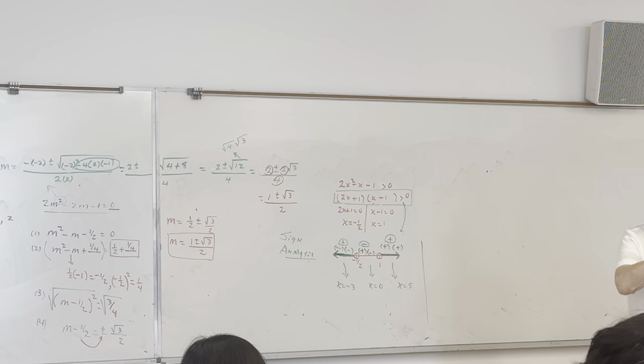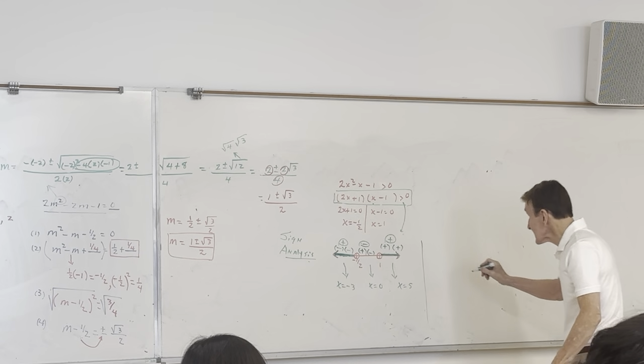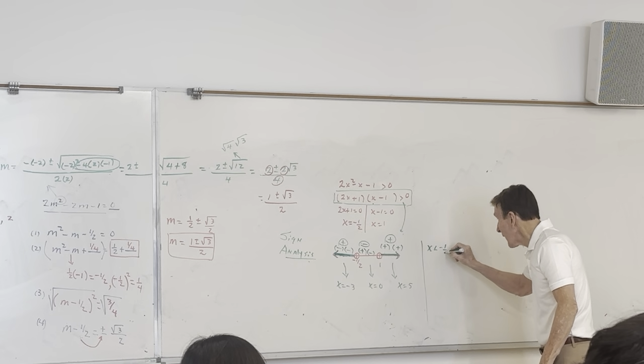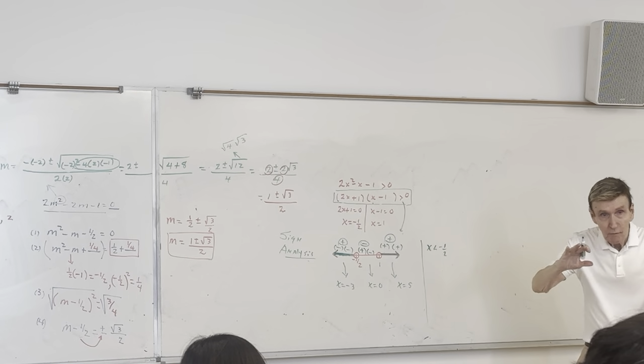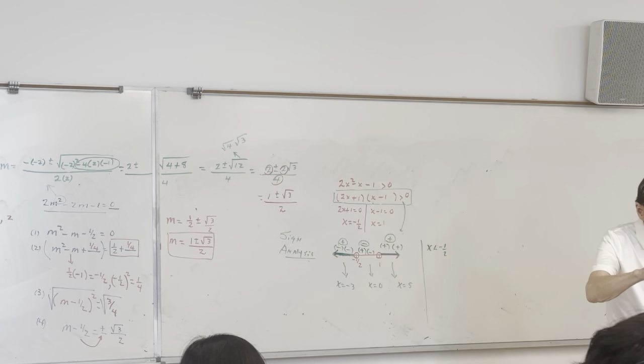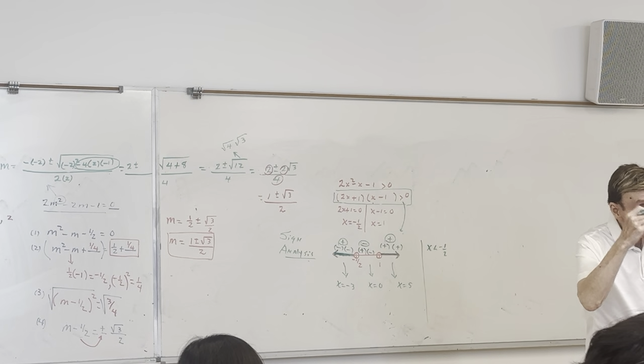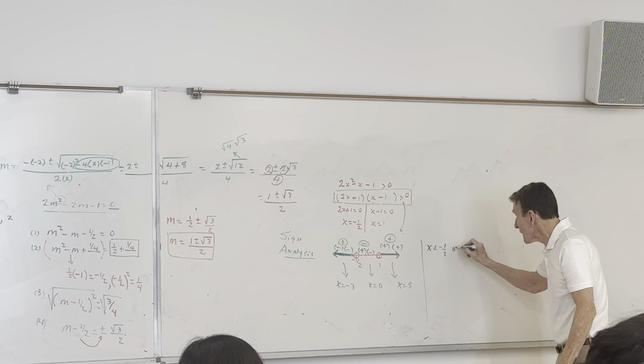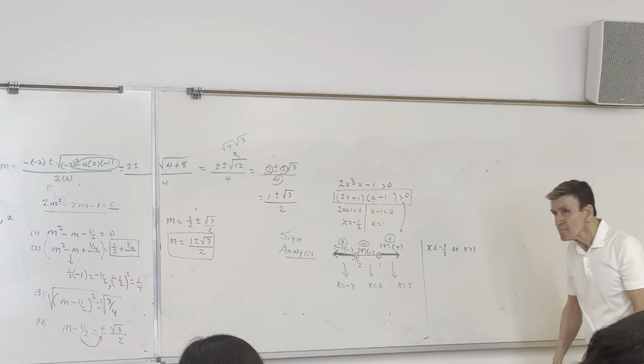Yeah, that's right. X is less than -1/2. I will accept that. It's not interval notation yet. Now tell me more. What's the other side? It's larger than 1. Or x is greater than 1.